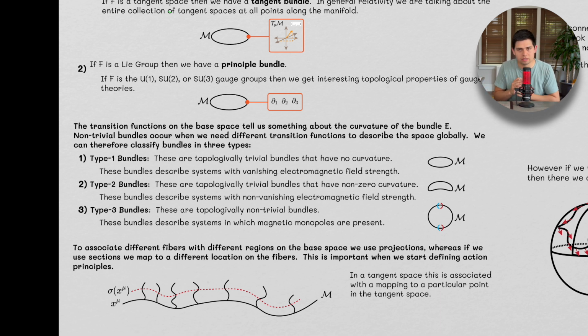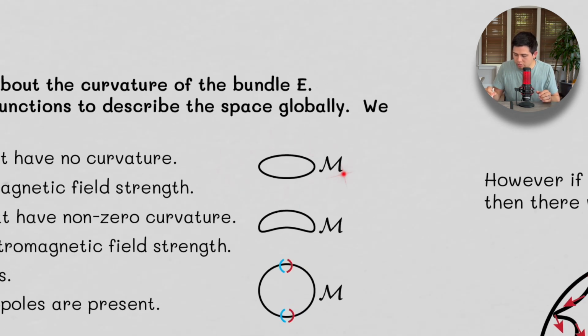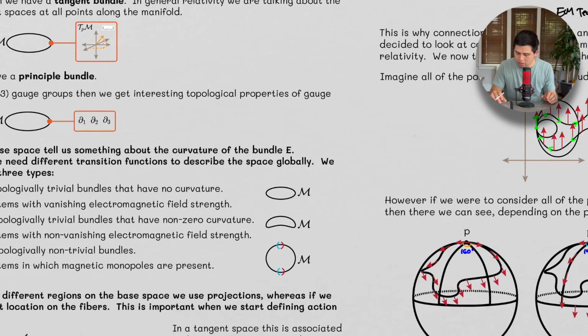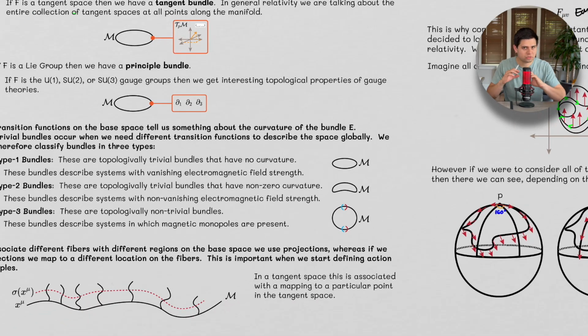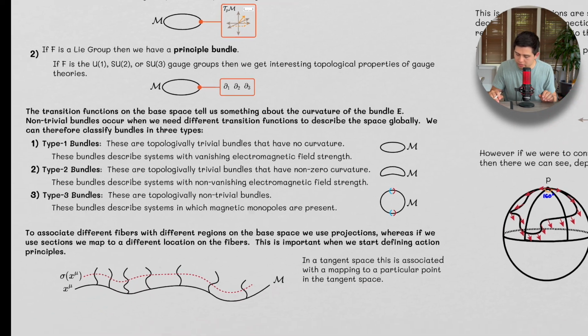Might be modified slightly, or it's the same everywhere, right? So we have the example here is just S1. S1 with no interesting topological structure to it, and it's got no curvature, and there's no flips like a Mobius strip would have or anything like that.